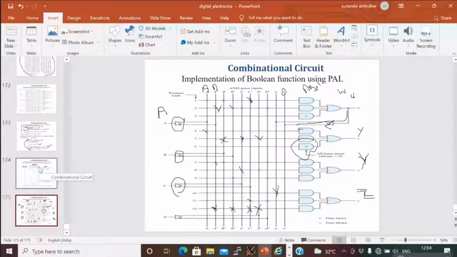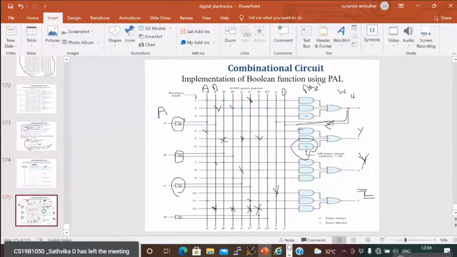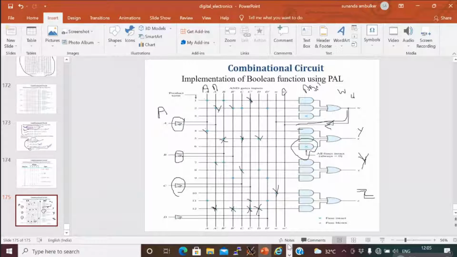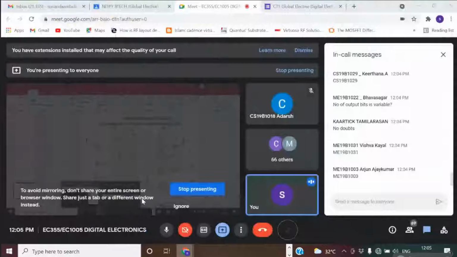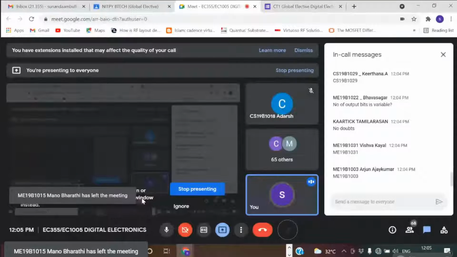Output is generated by the combination of the inputs. So we have to decide the combination of the inputs for which your Boolean function is true. We have to decide those things. So we are doing this using this anti-fuse and fusing technique. It's not like we are doing it. It is done by the manufacturer. Clear?